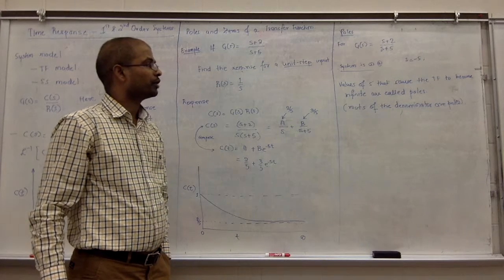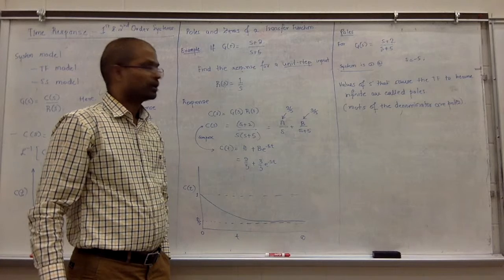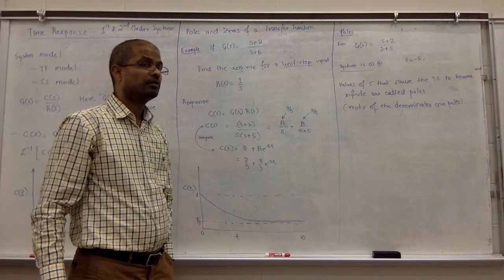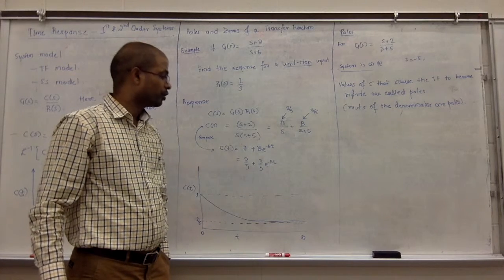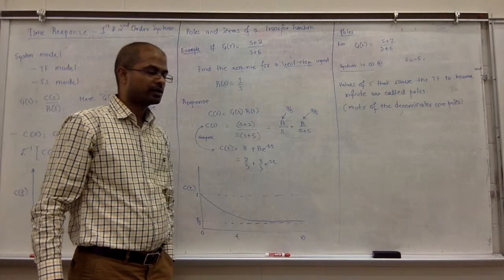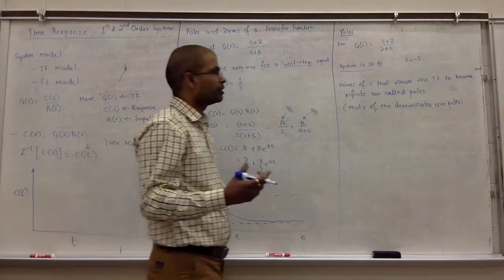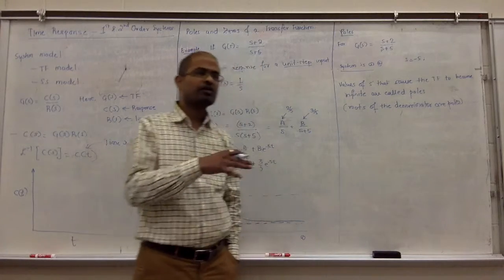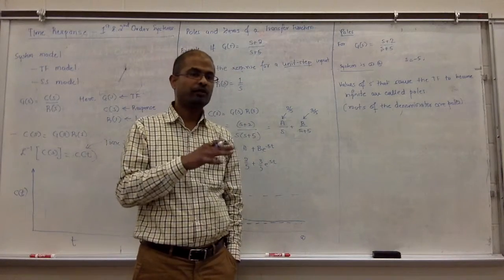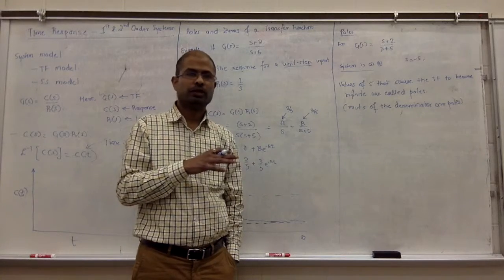So you have to understand something. That would have been a constant, but what we want to know here is, we're trying to understand poles and zeros regardless of the input, independent of the input. This input can change.